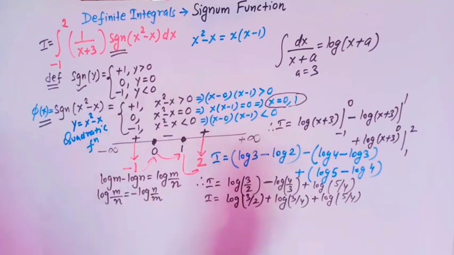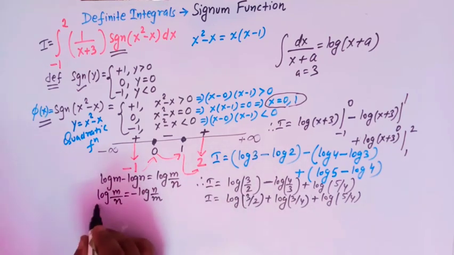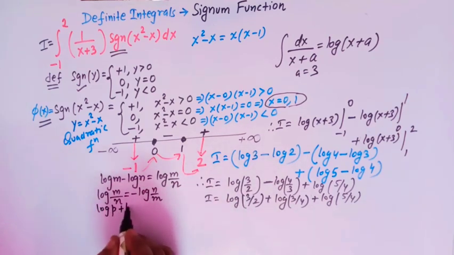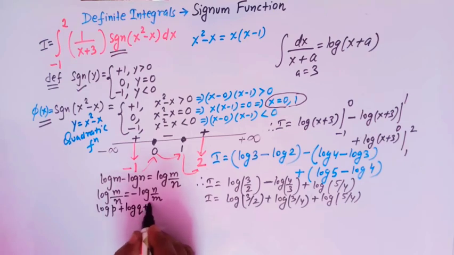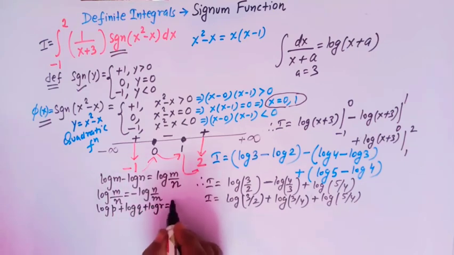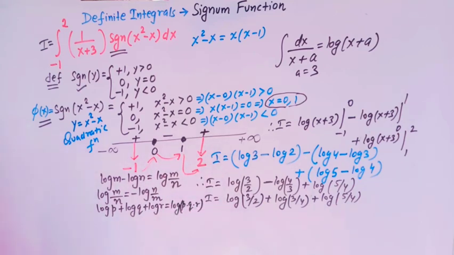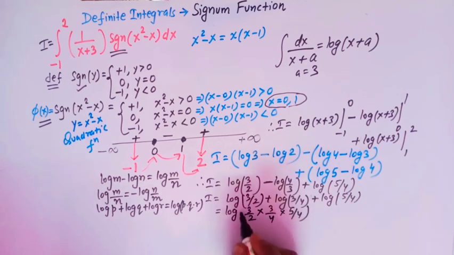So now we can use one more important property of log, which says that log of p plus log of q plus log of r is equal to log of p times q times r, right? So these three terms p, q and r are multiplied together. So here we have log of 3 over 2 times 3 over 4 times 5 over 4, right?